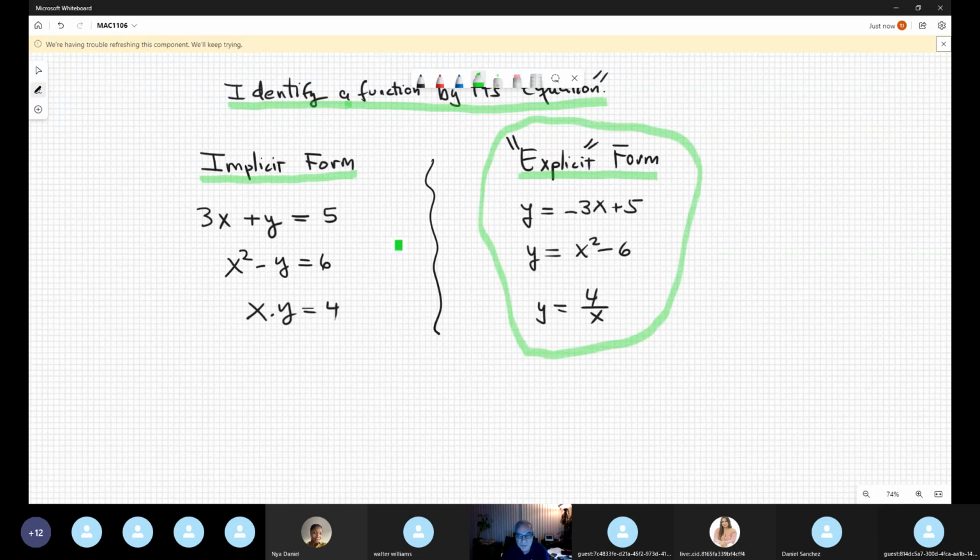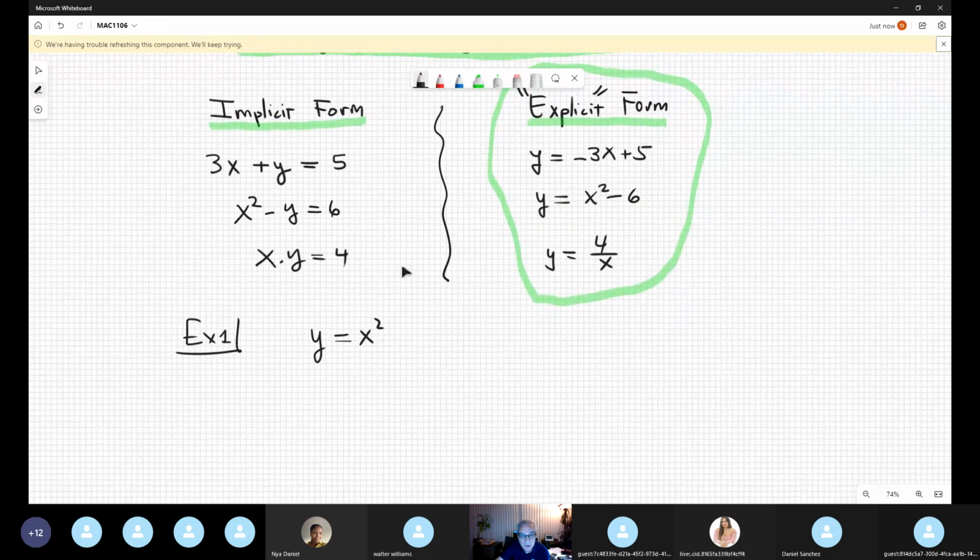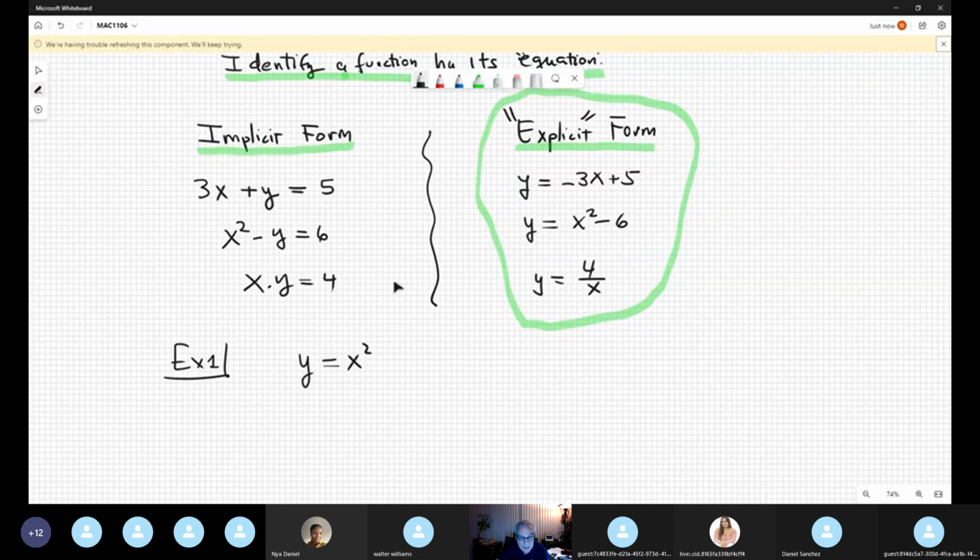Suppose a couple of examples to understand this very, very well. Example 1: determine if the equation is a function or not. Suppose y equals x squared. Wow, it's given like this. My question is: is this equation explicit or implicit? It's explicit.